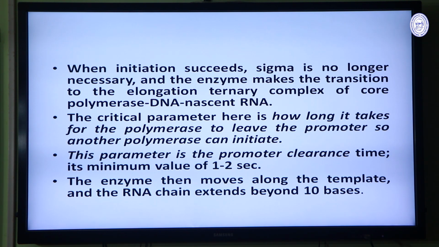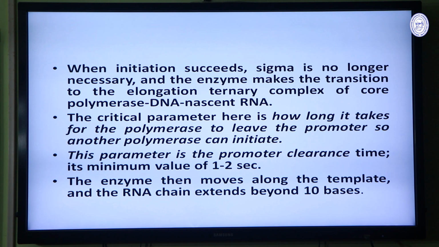When the initiation succeeds, there is no requirement for the sigma factor, and I have already told that the enzyme makes the transition to the elongation ternary complex of the core polymerase, DNA and the nascent RNA chain.